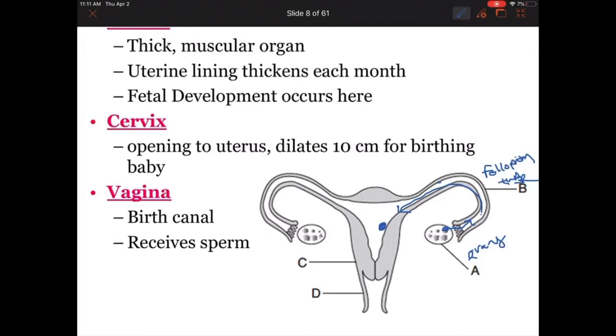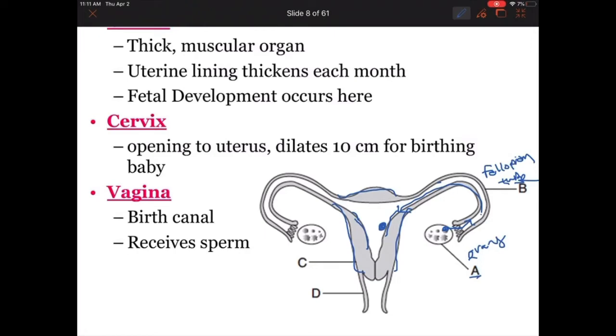If there is no pregnancy, then the ovary stops producing progesterone, and the uterus, which is structure C, and I'm outlining the uterus for you, loses its lining.